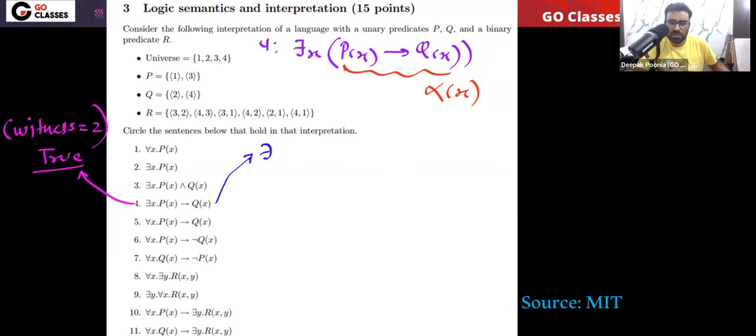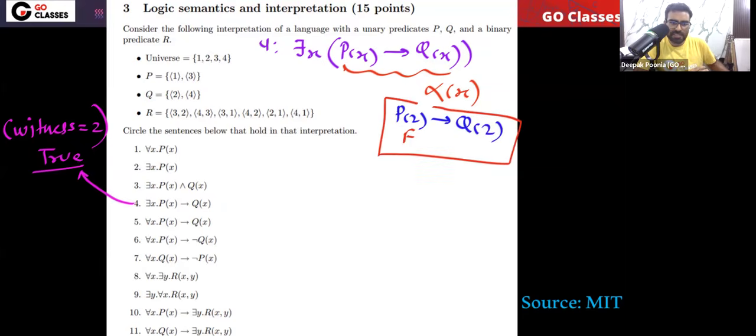If I take x equal to 2, then p(2) implies q(2). You can see p(2) is false, and false implies anything, so that becomes true. This whole thing will become true.